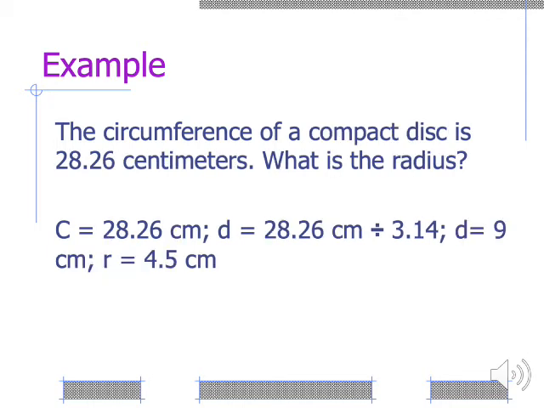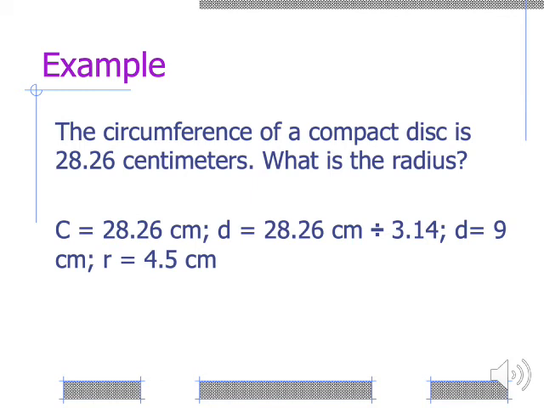Another example: the circumference of a compact disc is 28.26 centimeters. What is its radius? If you're given the radius, the formula for finding the circumference is 2 pi r. Here the circumference is 28.26, and you're asked to find the radius.